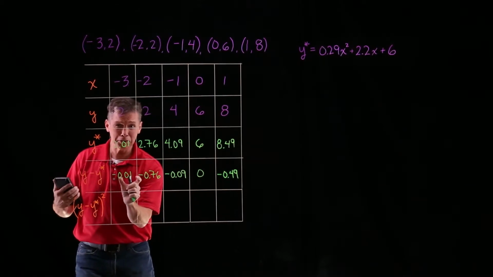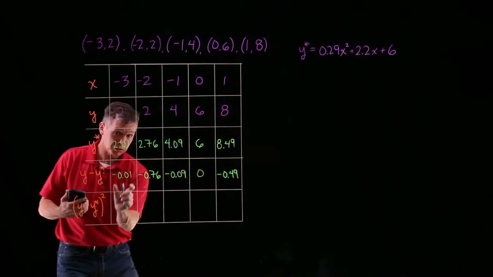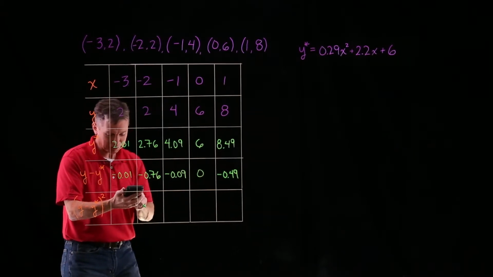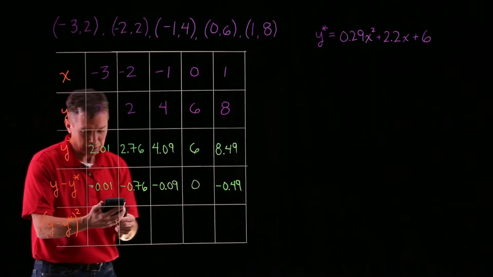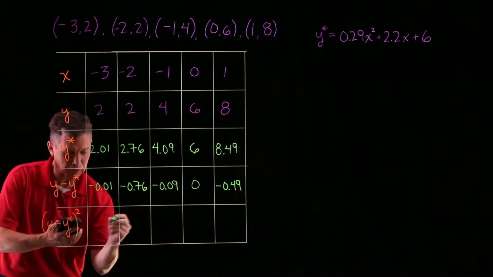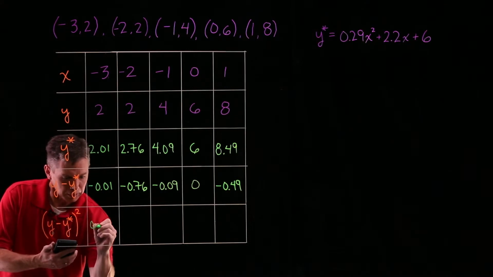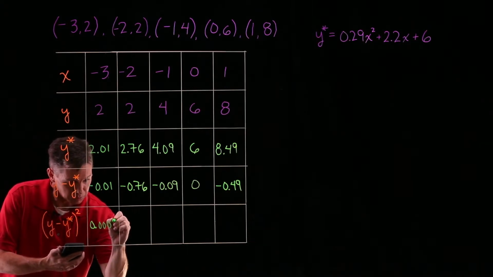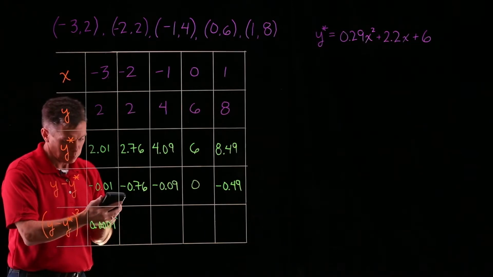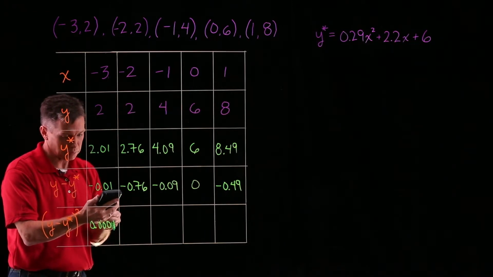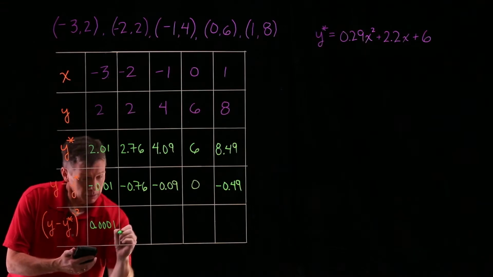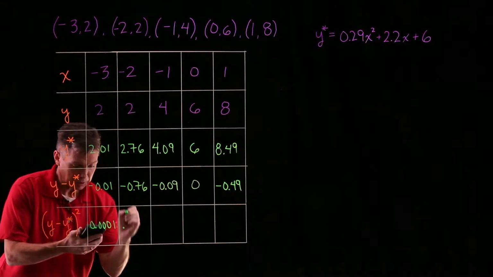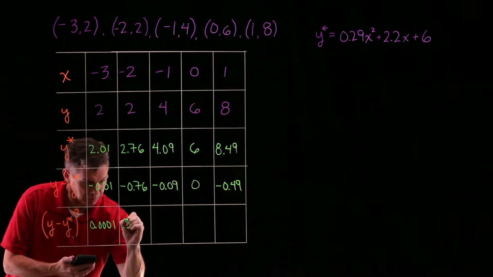Once you're done with your fourth row, the fifth row is to square the result of the fourth row. So the negatives aren't going to even come into play. What I'll do in my next row is just square the number right above it, and I am going to go to a calculator for this. Okay. A negative 0.01 squared, 0.0001. Negative 0.76 squared. I'm going to omit the leading 0 and just start with my decimal place, just so I can try to fit them in my table here.